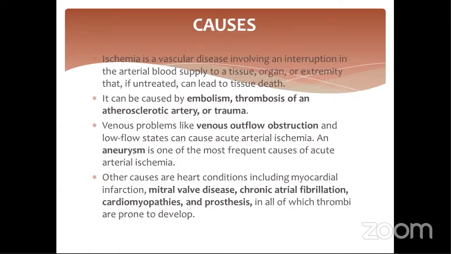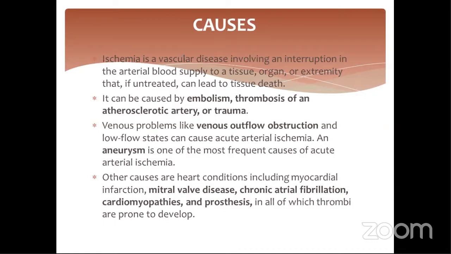So, what are the causes of inadequate blood supply, as in ischemia? Ischemia is a vascular disease involving an interruption in the arterial blood supply to a tissue, organ, or extremity. If untreated, it can lead to tissue death. It can be caused by embolism, as we have seen earlier, thrombosis of an atherosclerotic artery, or trauma.